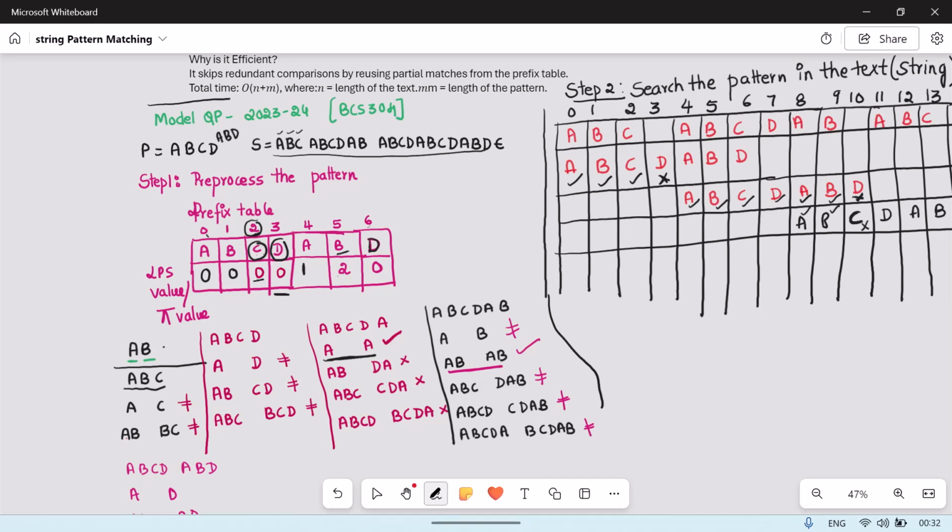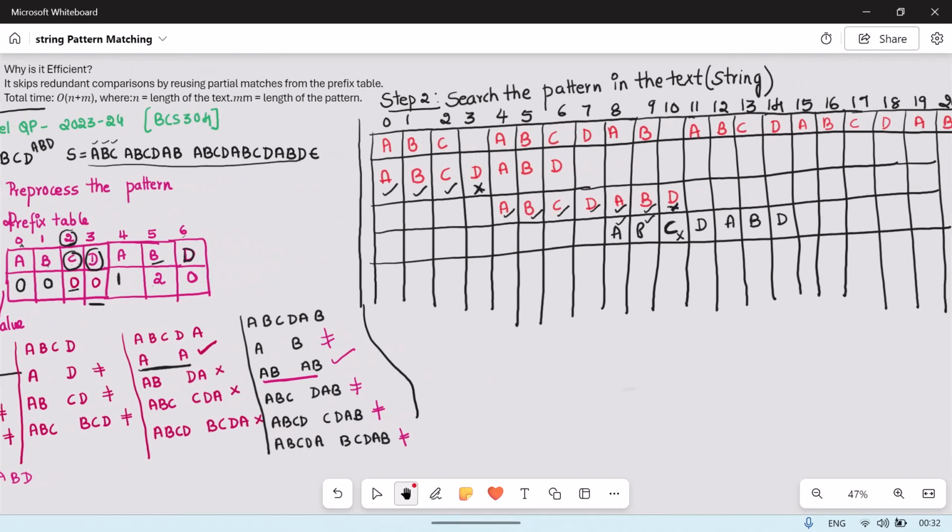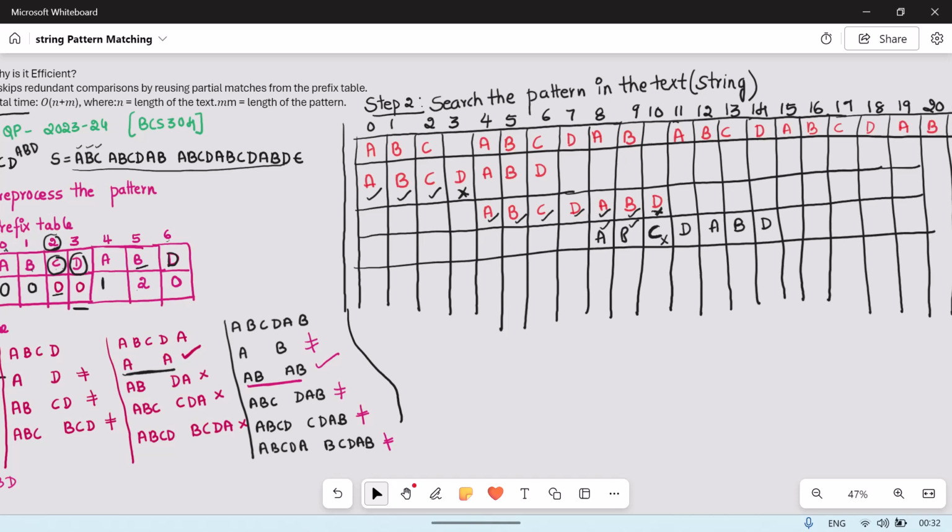C's previous value, B's index, LPS value is 0. So 0 means A. I told you if there is 0, then you will have to shift your character. So the mismatch happened here, so next time I will write the character over here. A, B, C, D, A, B, D. Like this.